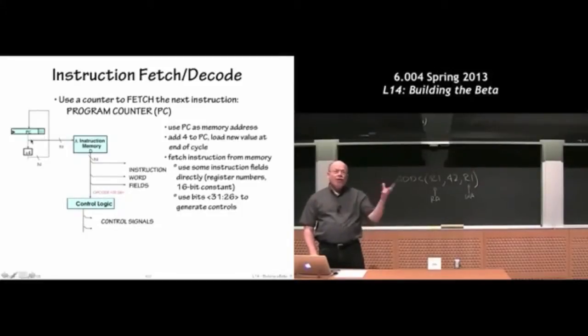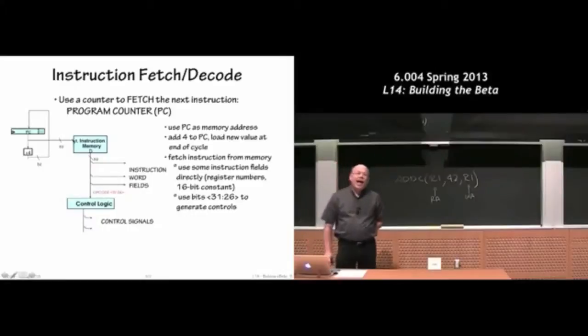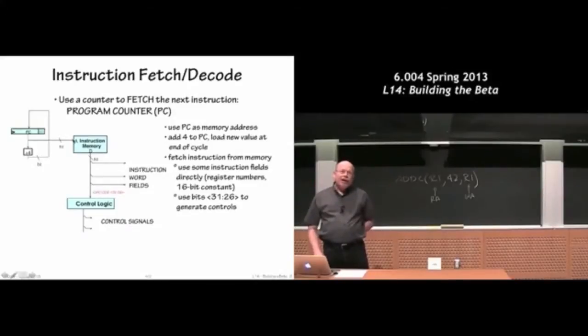So the program counter holds the address of the current instruction in main memory. We take that output and simply feed it into the address port of our memory system. So we have a black box which takes in an address, and some number of nanoseconds later returns the 32-bit data found at that address.